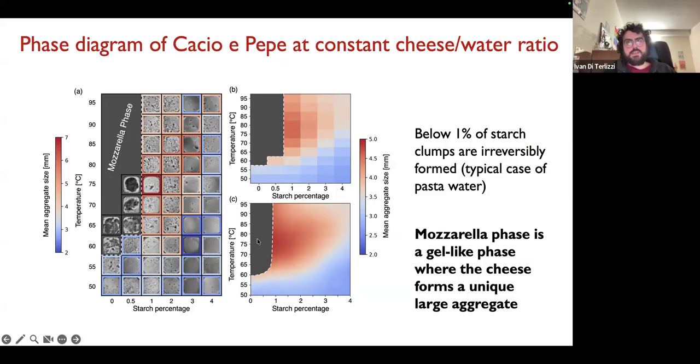This is a gel-like phase, which might be explained in terms of theory by a system that has three components. For example, you could say, I have proteins, denatured proteins, and water, instead of just proteins and water. The only problem is that, from a theoretical point of view, this is true.